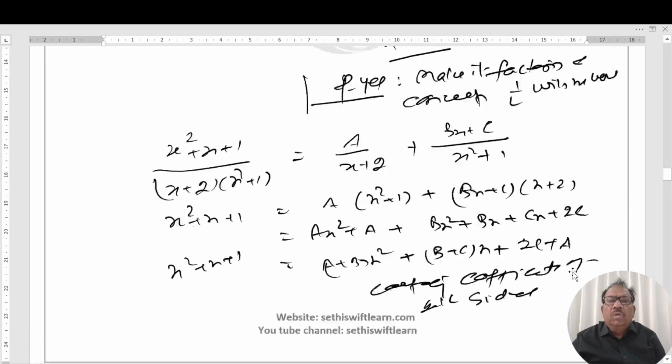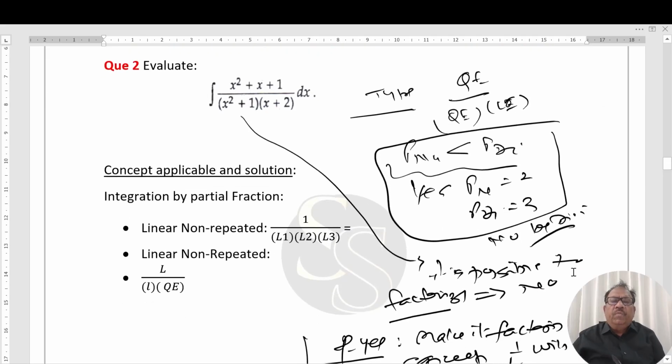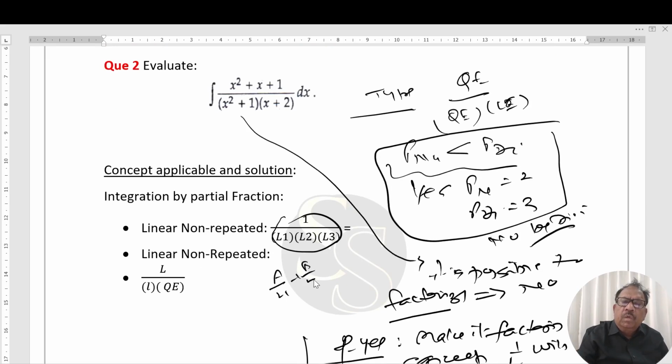Now I will discuss certain things also. If the question has only linear factors, it can be written as A upon linear 1 plus B upon linear 2 plus C upon linear 3. Make the comparison, find the values of A, B, C, and the answer will be log of this, log of this, log of this.